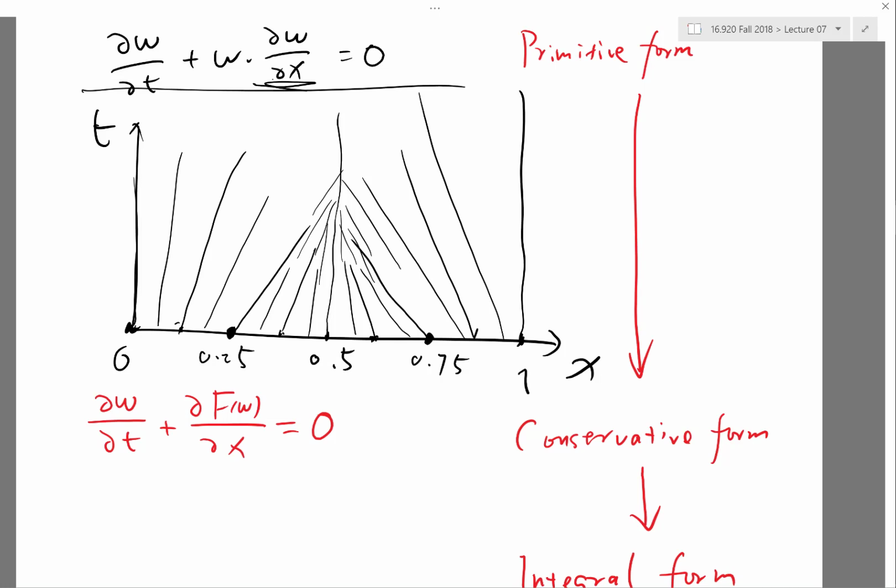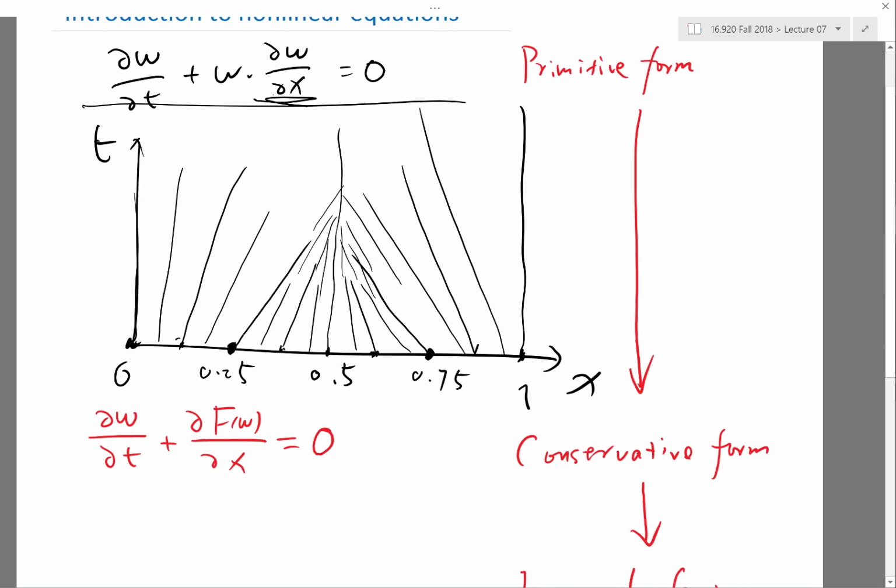The reason we can convert that into integral form is that there is nothing multiplied on the spatial derivative. If there is nothing multiplied by the spatial derivative, we can integrate over space to get rid of the spatial derivative, right? If you integrate the primitive form over space, it becomes not obvious what you can do.